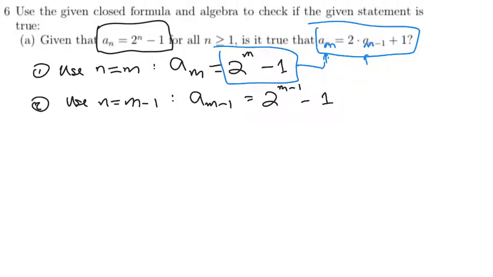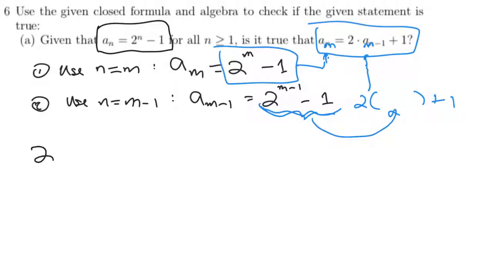So there's an algebraic expression that is equal to a sub m. On the right side, I'm building twice a sub m minus 1 plus 1. So that is twice this thing plus 1. Twice a sub m minus 1 plus 1 is twice this guy here, plus 1.